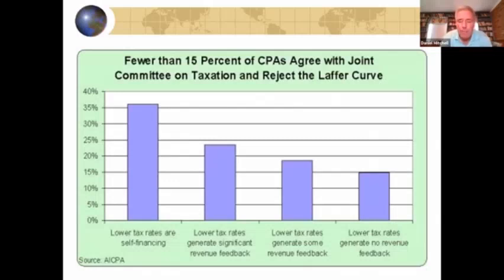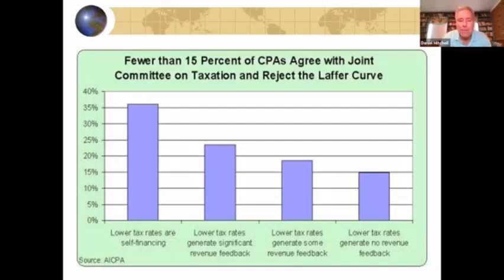I'm going to begin to wrap up here so we have time for Q&A. But I want to share a poll. I spoke a few years ago at a conference, a convention of certified public accountants who work on taxes. These are like the people who calculate taxes for companies and for businesses and for entrepreneurs and investors. And I asked them, and they actually did an online poll at the convention so that they could give their answers.